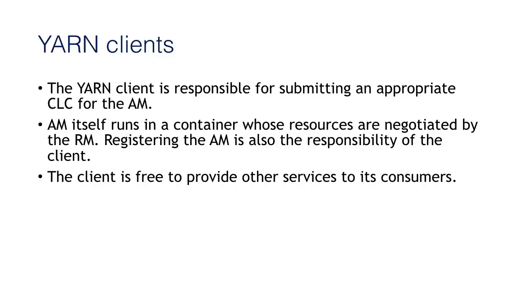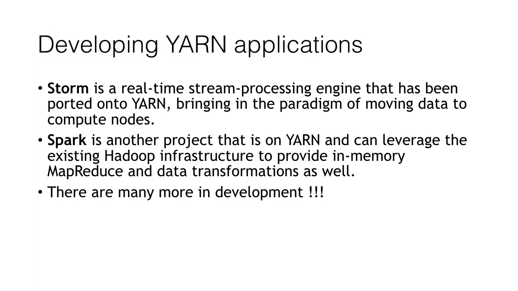So the AM itself runs in a container whose resources are negotiated by the resource manager. Registering the AM is also the responsibility of the client. The client is free to provide other services to its consumers, right? But its main job is to submit the appropriate CLC for the AM. That's it.